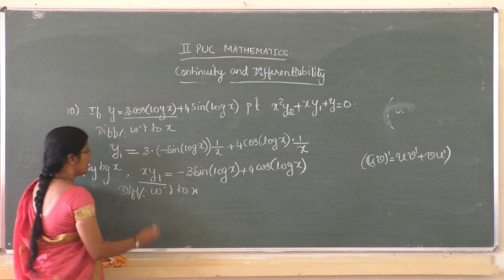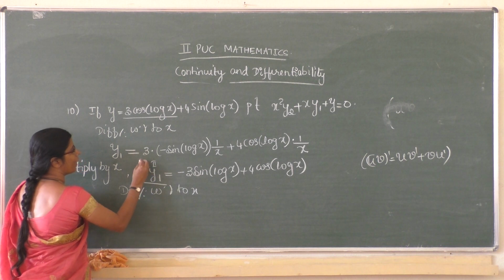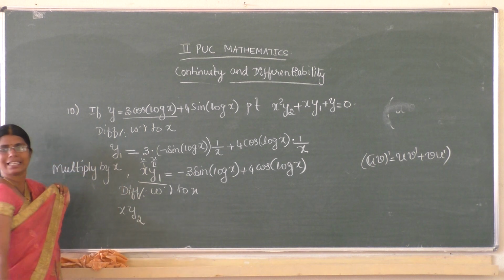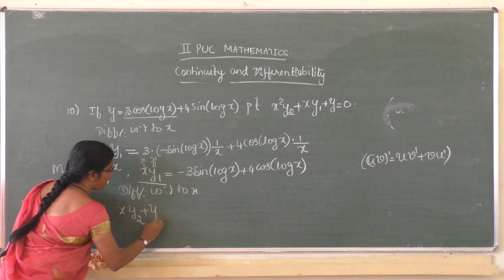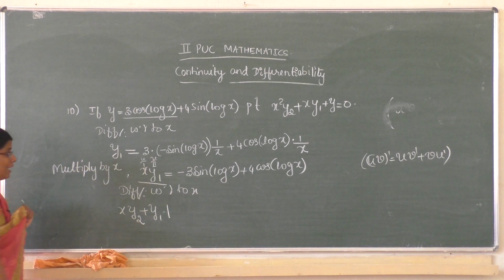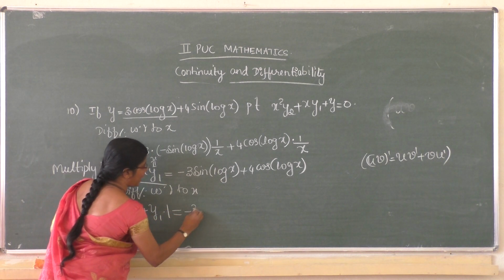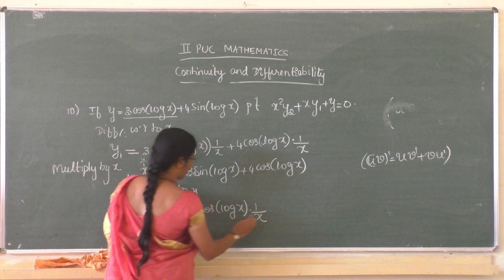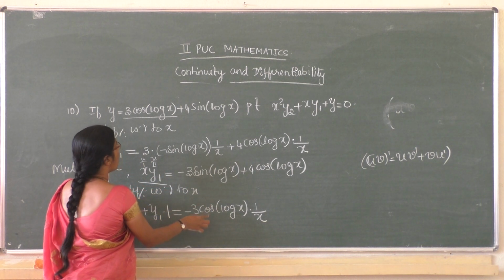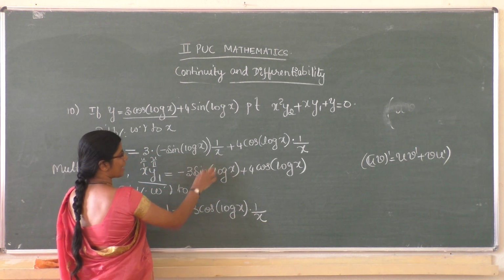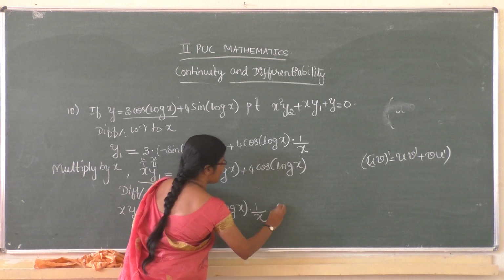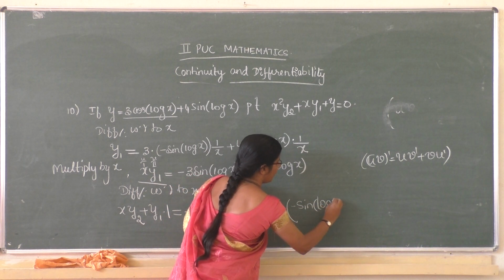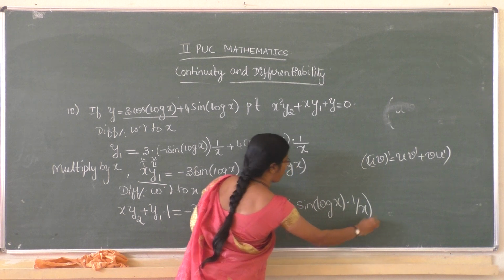So x into the derivative of y1, that is y2, plus y1 into the derivative of x, that is 1, is equal to minus 3 cos log x into 1 by x, plus 4, the derivative of sin is cos log x, and the derivative of log x is 1 by x, so plus 4 into minus sin log x into 1 by x.